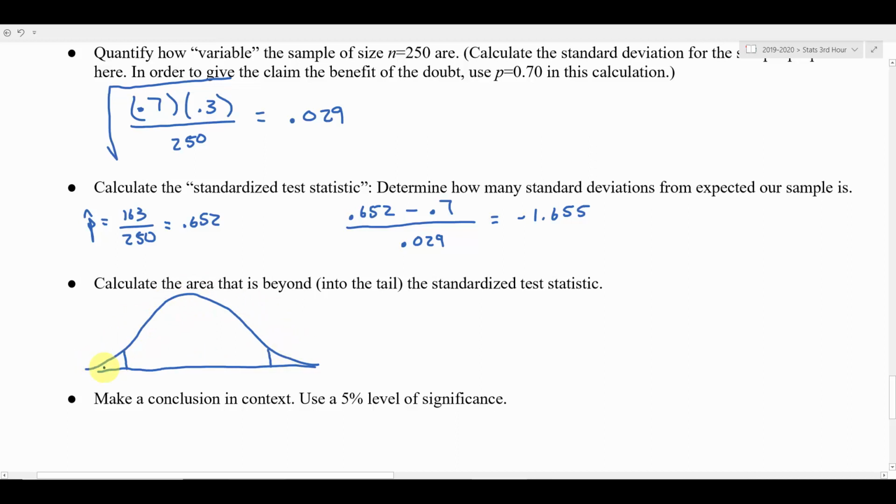So I have to split it up: 0.025 can be over here, and 0.025 can be over here. Whatever these boundaries are, those are the boundaries that I need to get. Now, what we got was negative 1.65. So here's 0, and we went negative 1.655 to the left. So it was actually somewhere here.